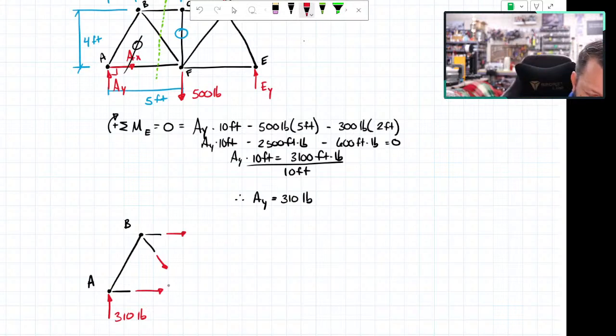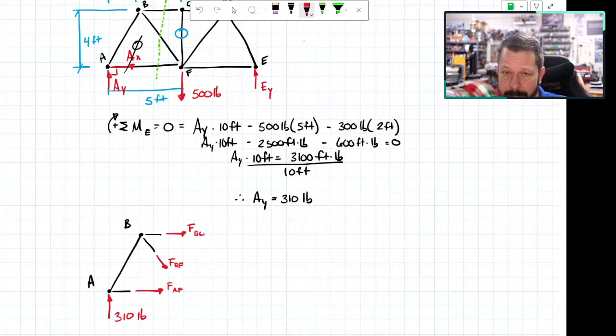We'll call this the force in AF, and this is the force in BF that we're trying to solve for, and this is the force in BC. Those are the internal forces in those two force members. It's probably easiest just to draw them in tension. What that means is when you draw the arrow, draw it pointing away from the body.